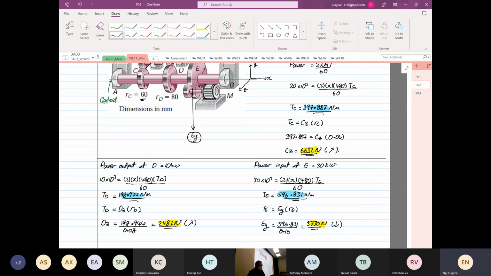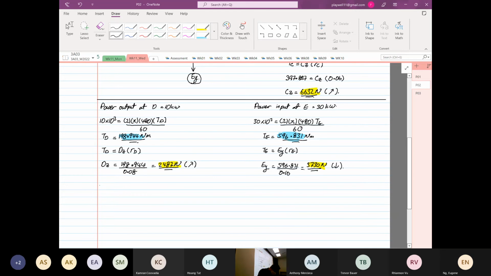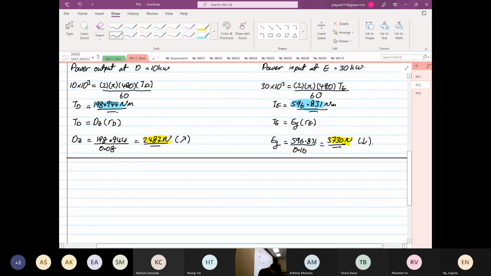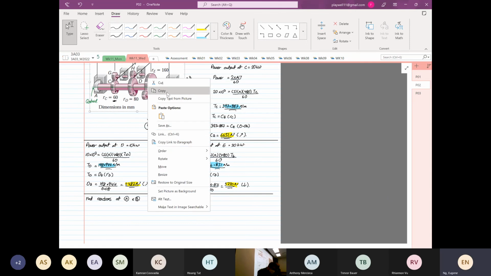We are going to find the reactions at point A and also at point B.